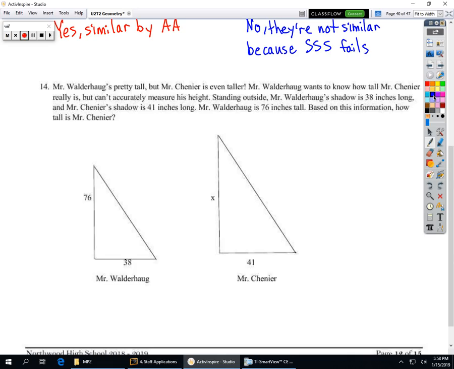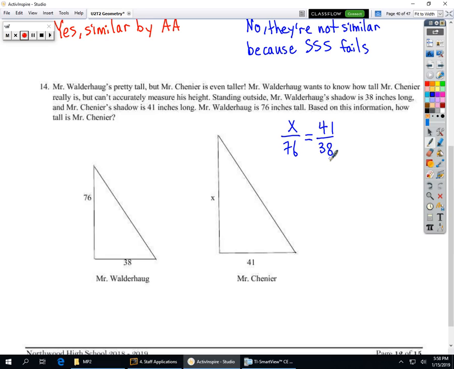There are 2 equations you could use here. I could use this one. Height over height equals shadow over shadow. So Chenier's height over Walderhog's height equals Chenier's shadow over Walderhog's shadow, 41 over 38.